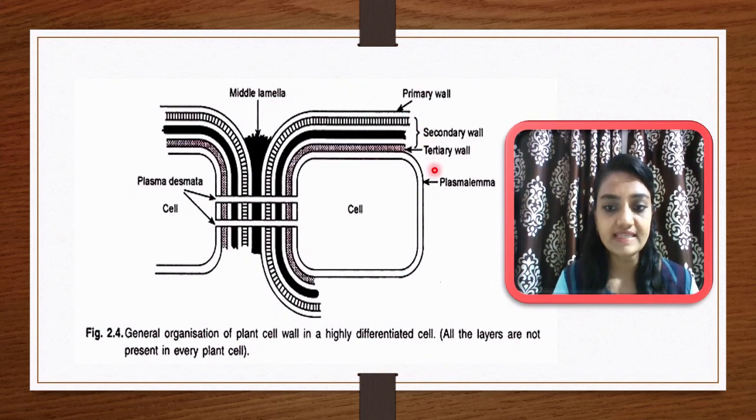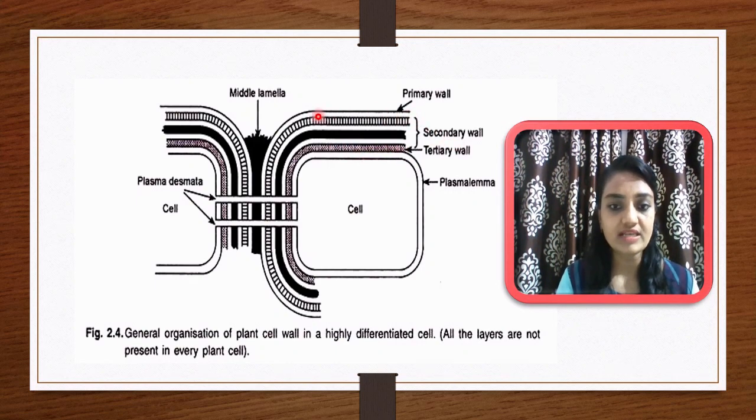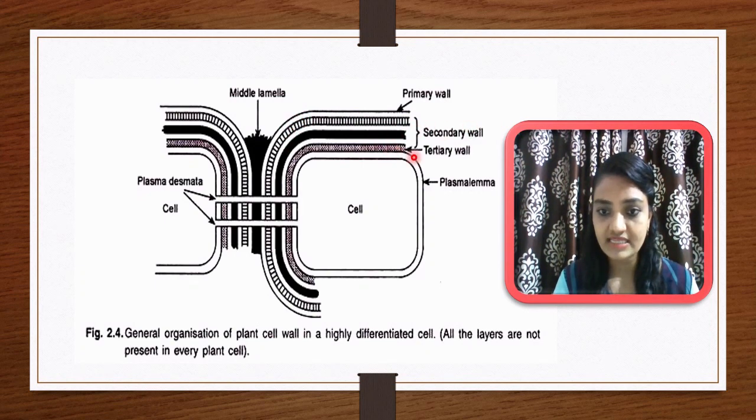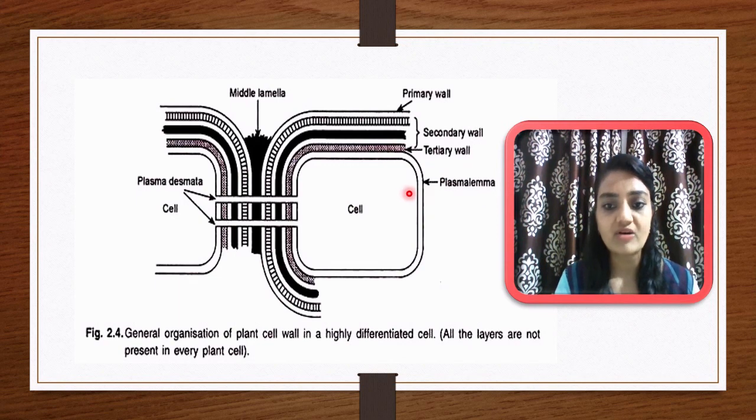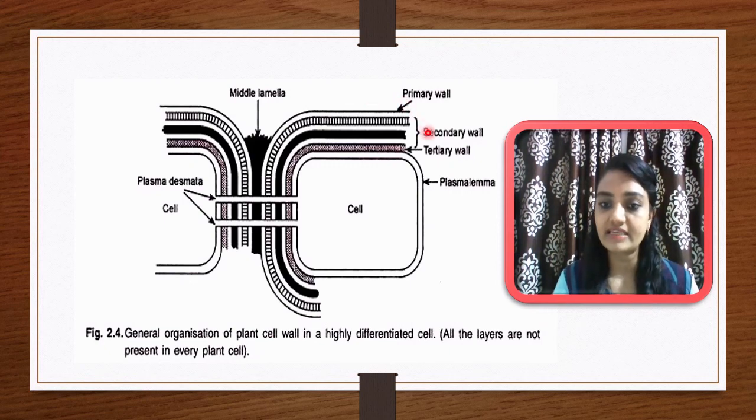Then you can see the tertiary cell wall structure, and in between, a secondary cell wall is there. In this way the primary cell wall is constructed, then the secondary cell wall and the tertiary cell wall. Then you can see the plasmalemma, or cell membrane, is found. So this is the middle lamella, primary cell wall, secondary cell wall and tertiary cell wall, and the innermost layer will be the plasmalemma.